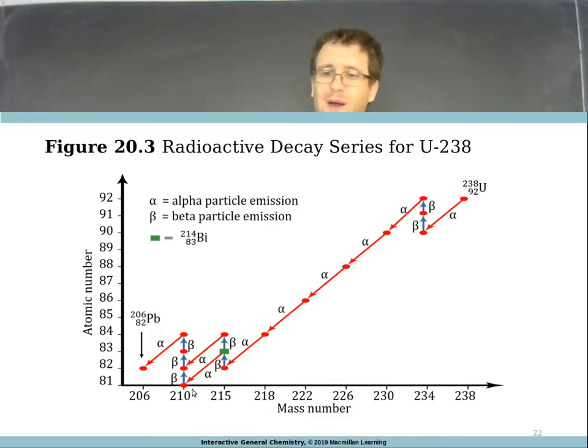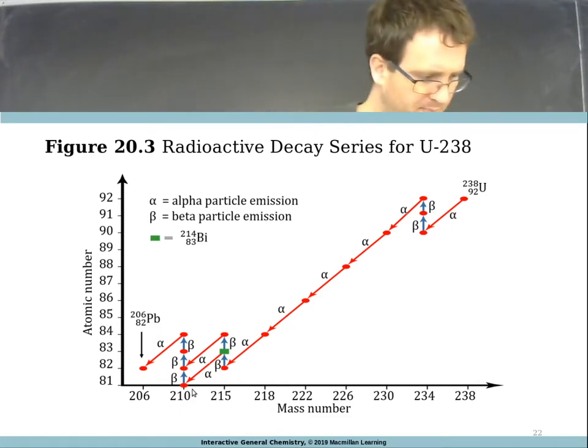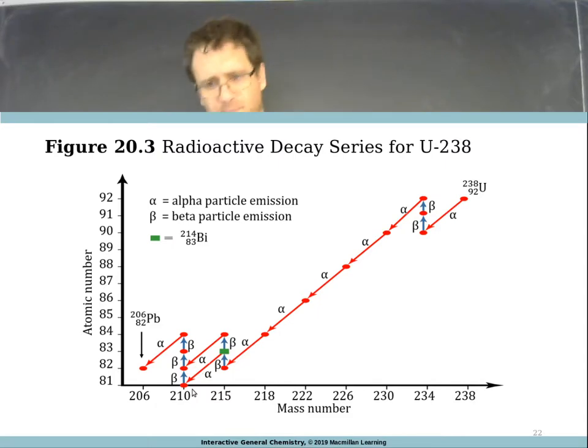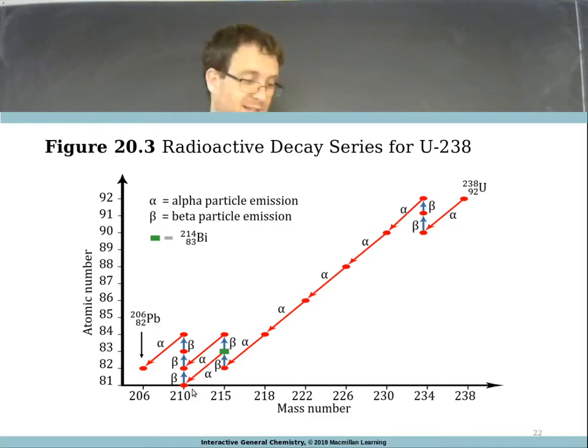Those two pathways later reconverge, and at the end of the line you end up with lead. We saw lead earlier as the product of thallium beta decay. And lead will actually show up as an interesting element with respect to nuclear chemistry in the next section.